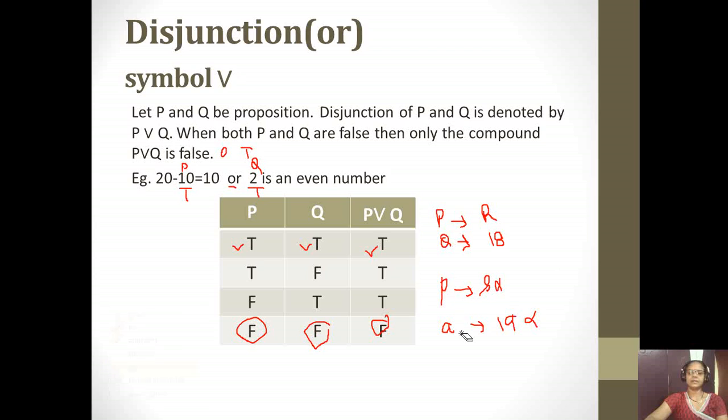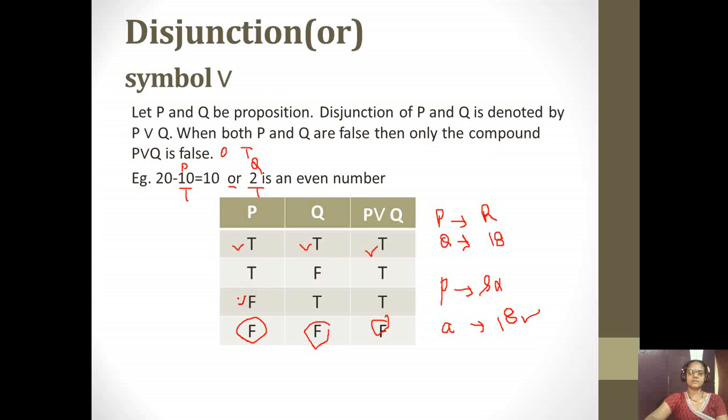Suppose the age becomes 18. The actual name is Sunita while the proposition says Rita, so that is false. The proposition says your age is 18 and your age is indeed 18, so that is true.